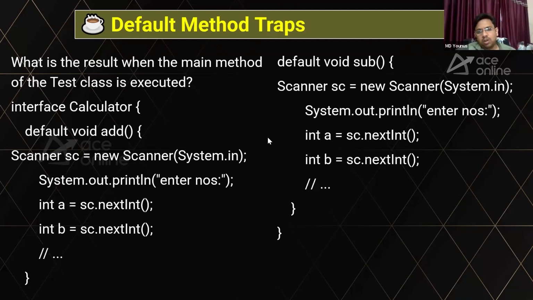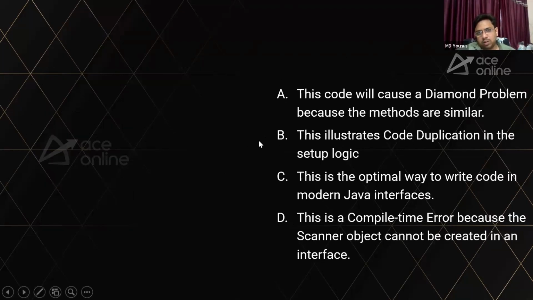Okay, I'll help you out. I'll show the options. Please try to pick the correct option. These are the options. What do you think? Which option is closest to the given problem? Option A, this code will cause a diamond problem because the methods are similar.